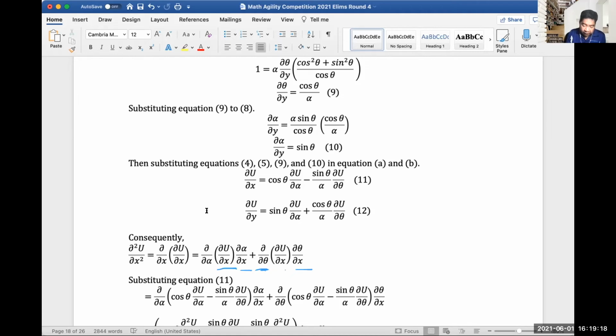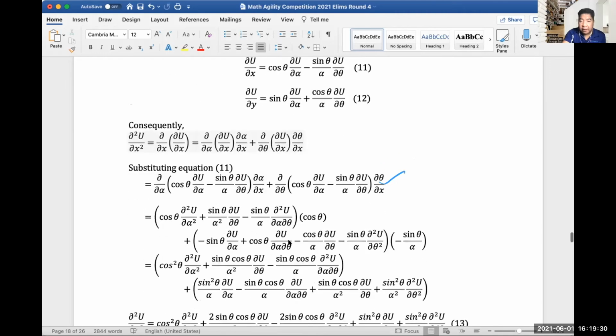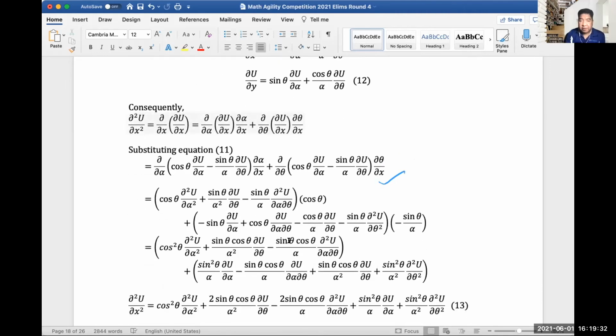So if we try to substitute equation 11, this equation, to this second partial derivative, we will have this long equation here.